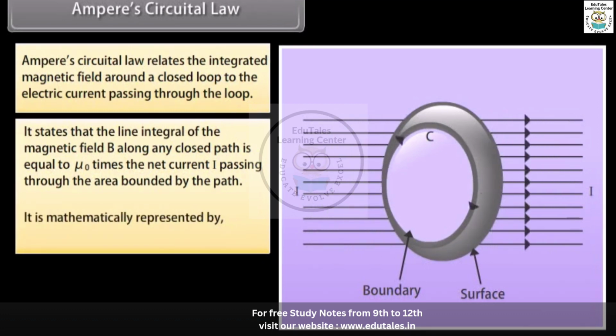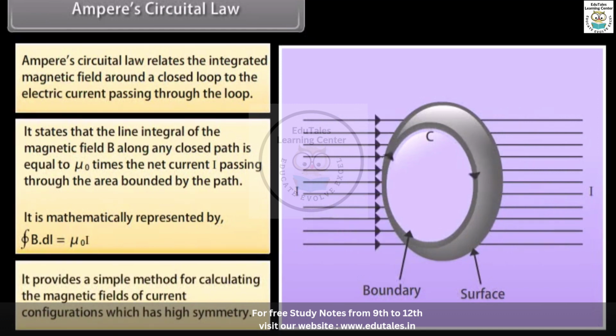It is mathematically represented by the closed integral of B dot dl equals mu naught I. It provides a simple method for calculating the magnetic fields of current configurations which have high symmetry.